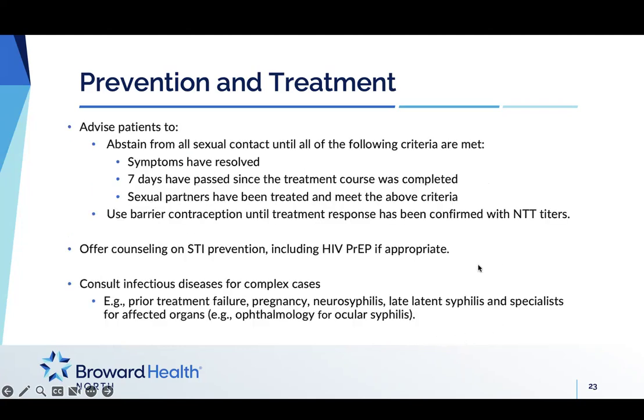In regards to prevention and treatment, you have to talk to patients and advise them to abstain from sex until symptoms have resolved. When you start treatment, usually about 7 days until the treatment is completed. That's what I found in the literature.